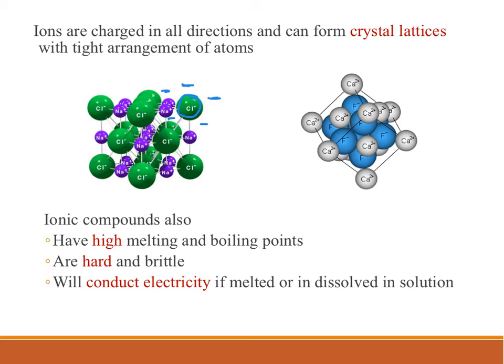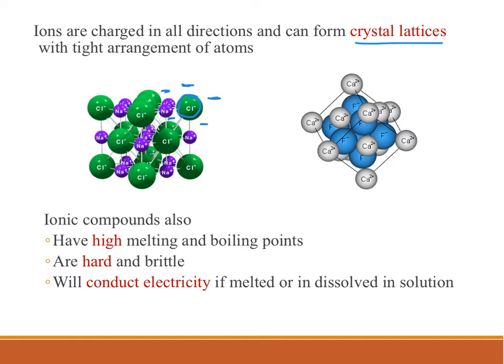It's not 1 sodium and 1 chloride put together, but the negative ions or the positive ions will attract as many other ions as present to form these things called crystal lattices, where the atoms are tightly bound together, where every negative ion has as many positive ions attracted to it as possible given how many atoms are present. Every positive ion has as many negative ions around it as possible given how many atoms are present.